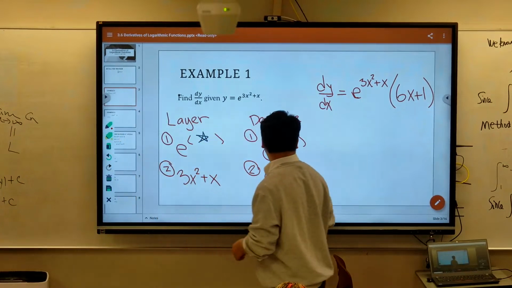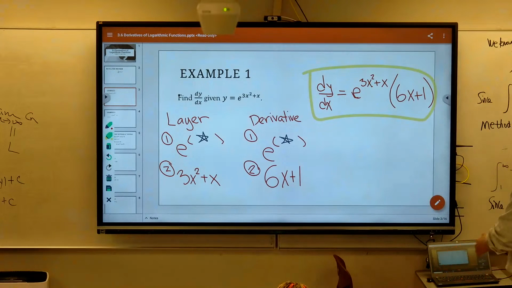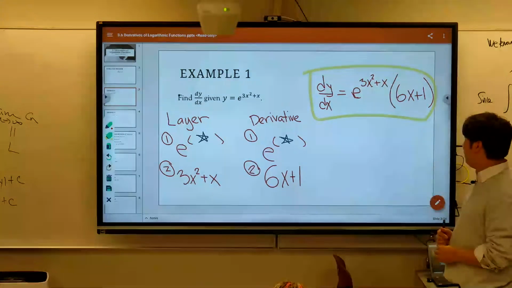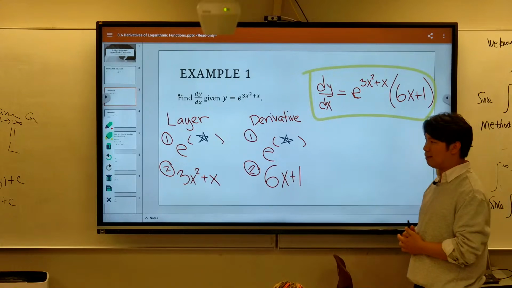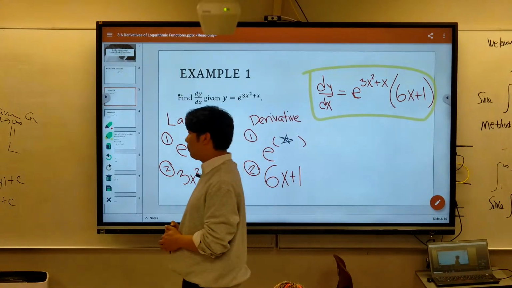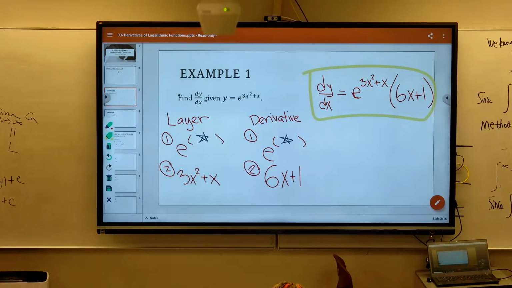I've put out all my layers, so I know that I am in fact complete. So my final derivative is e to the 3x squared plus x times 6x plus 1. So this should be a little bit of a review for us about chain rule and e to the x.